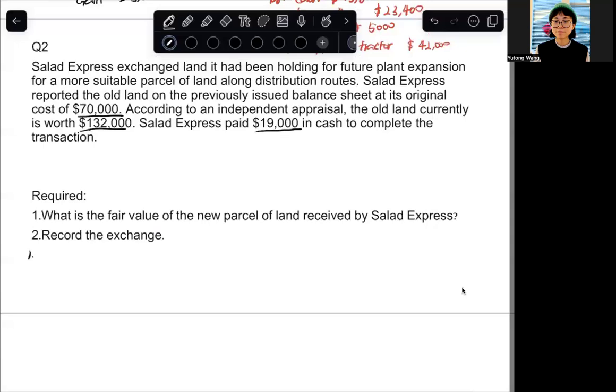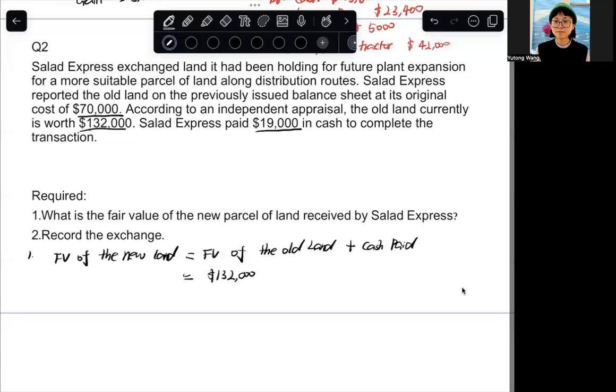So fair value of the new land equal to fair value of the old land plus cash paid equal to 132,000 plus 19,000 equal to 151,000.